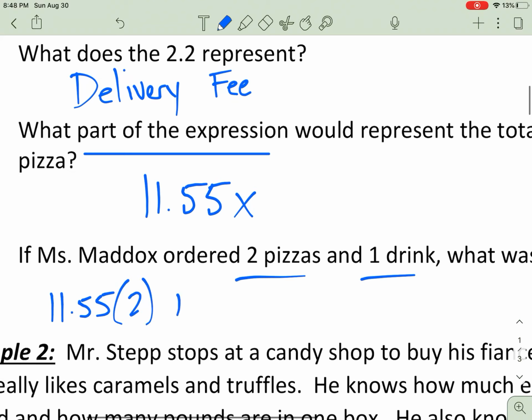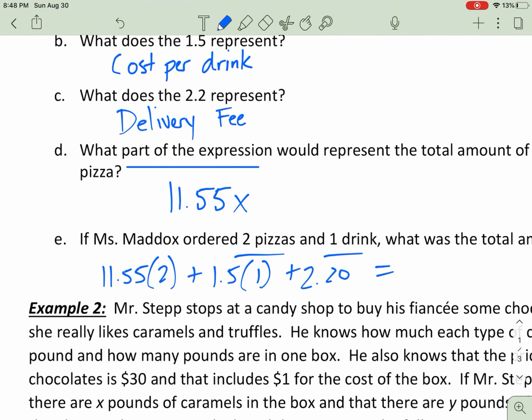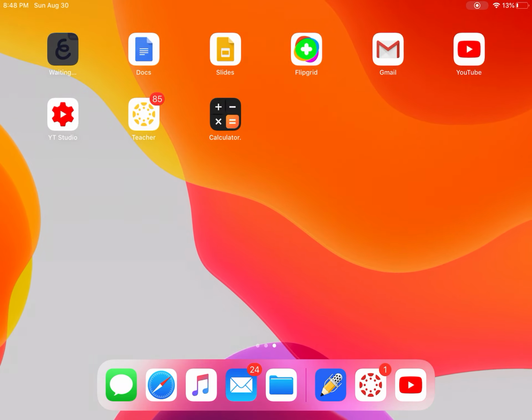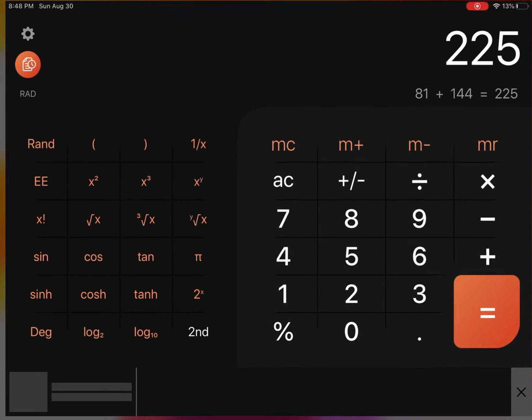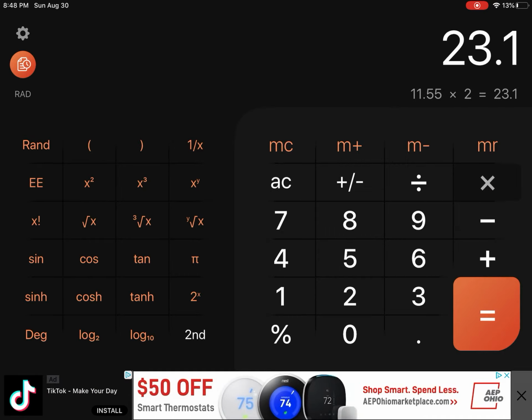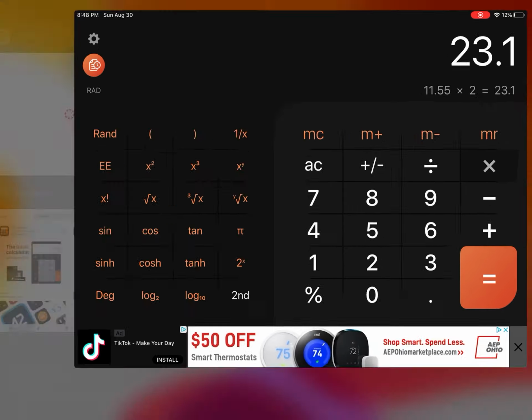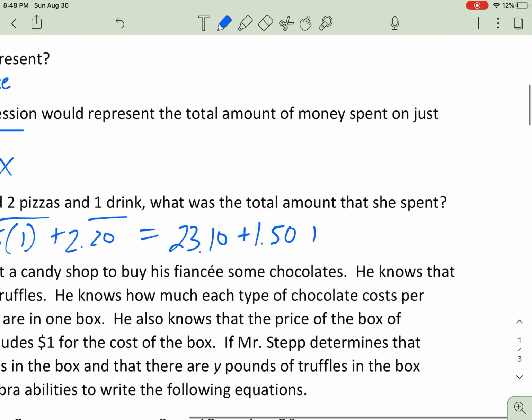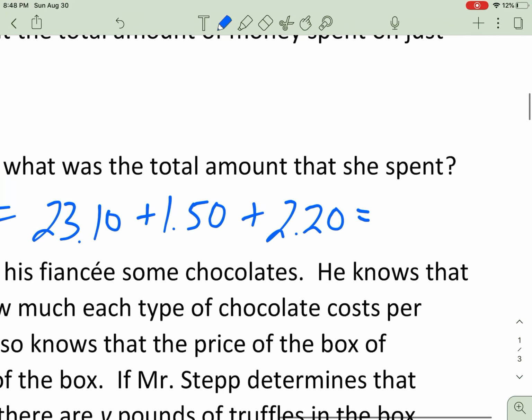So 11.55 times 2 is 23.10, plus $1.50, which is the cost of the drink, plus the delivery fee of $2.20, gives you, let's see, 24.60, 26.60, 26.80, I think.